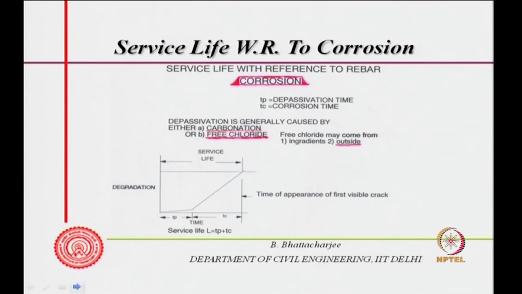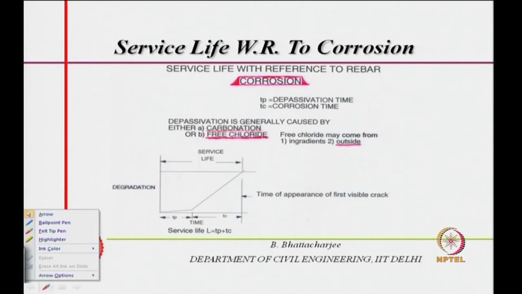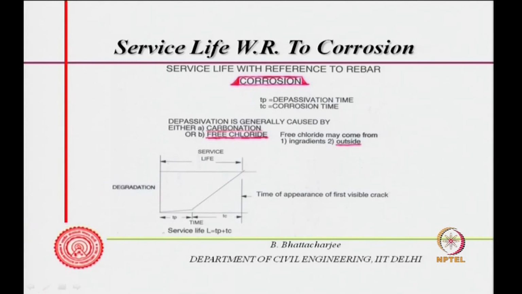So, just to recollect, the service life with respect to corrosion we defined like this in the last class. We looked into this same diagram in the last class, where we said that initially reinforced concrete provides protection to the rebar, and with time this may get affected if it is exposed to a chloride environment, or if it is exposed to atmosphere where carbon dioxide can come and reduce its pH.